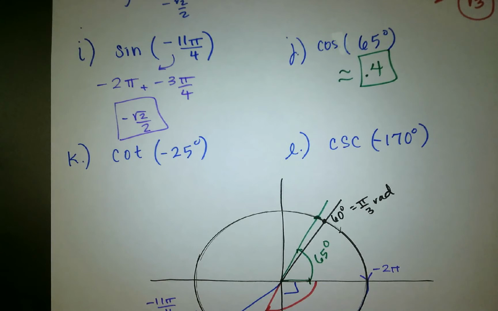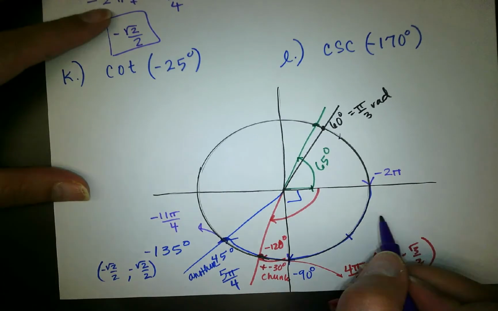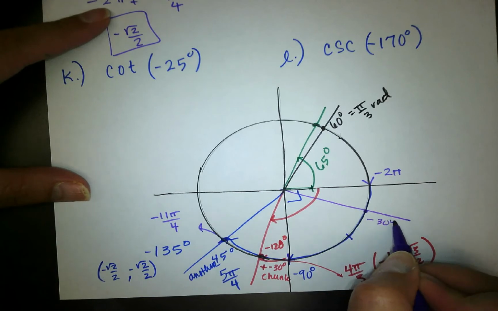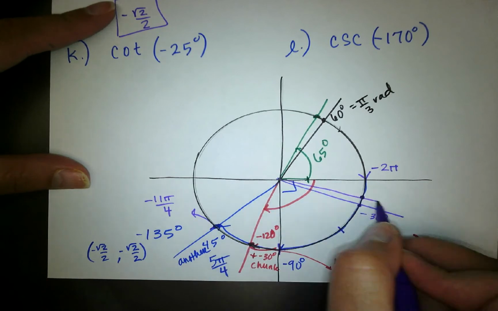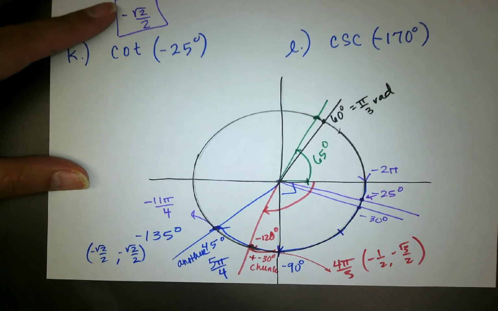Alright, let's try another one. What is this one? Negative 25 degrees. Okay, negative 25 degrees. So, I'll do it in purple, that's fine. If this is our famous guy of negative 30 degrees, that means negative 25 is about there. Okay.